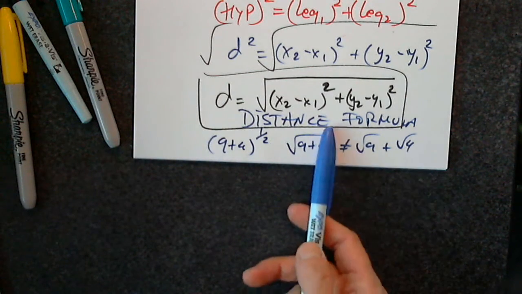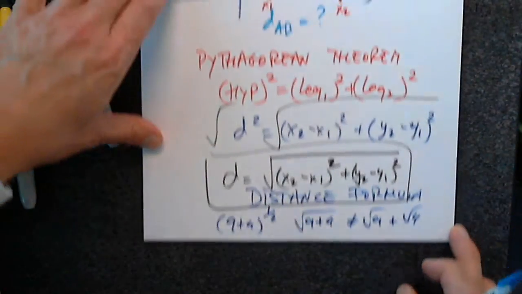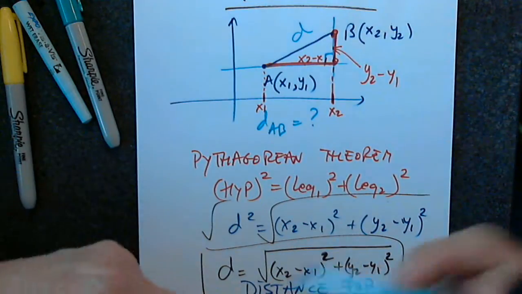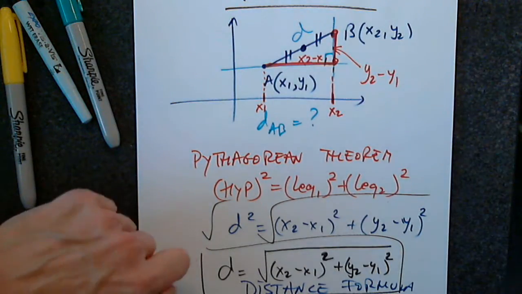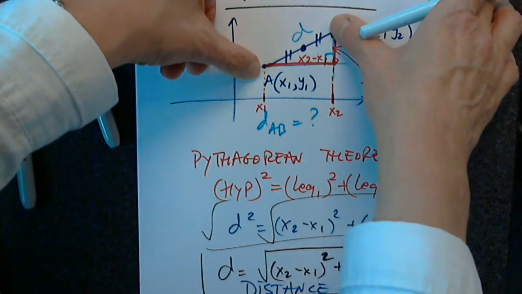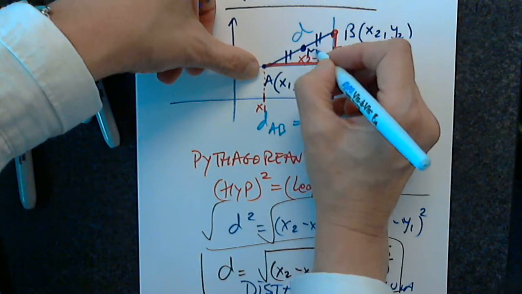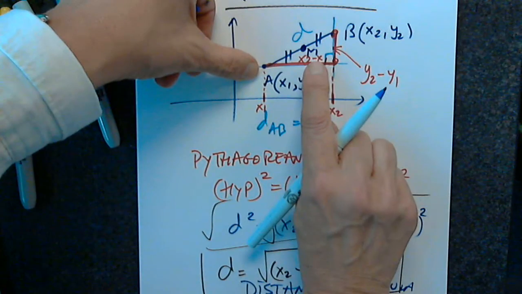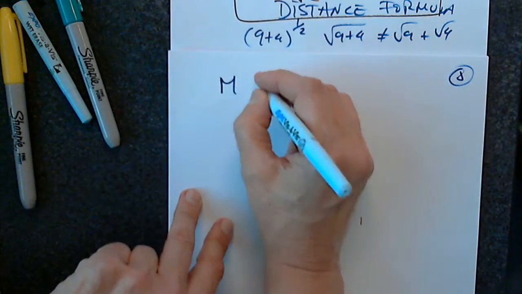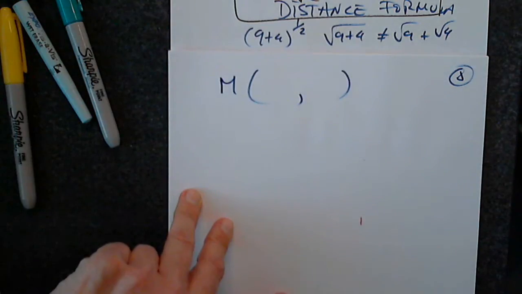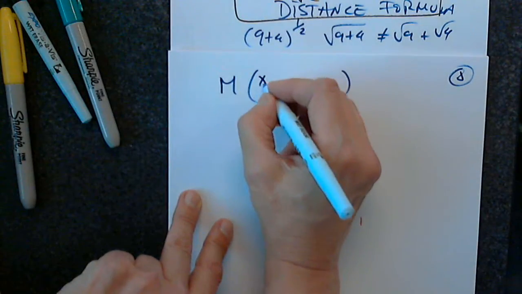So this is it. Also, there is a point right in the middle that bisects the segment into two equal parts. This point is called the midpoint. And we can easily show, we don't have to, that the coordinates of the midpoint are the average.